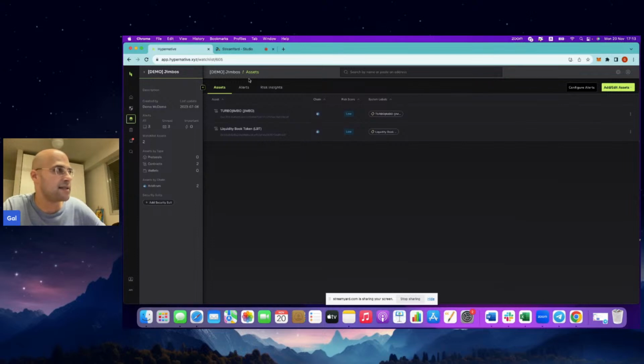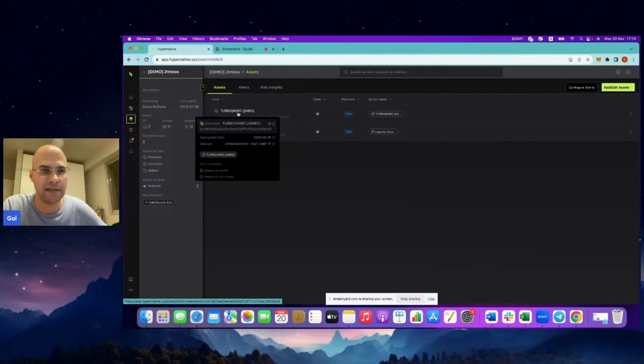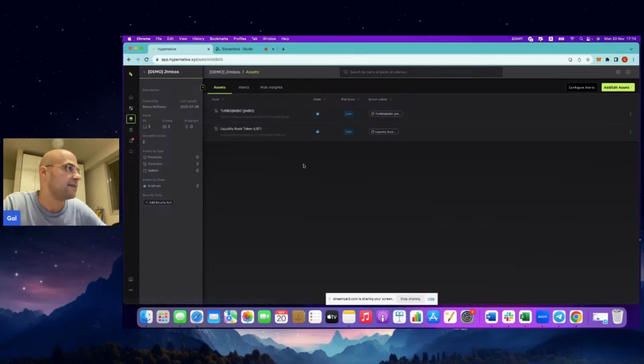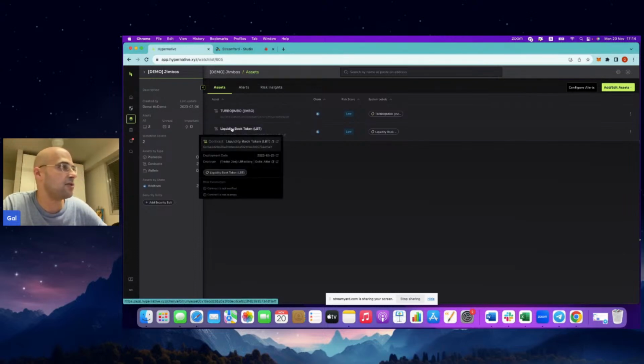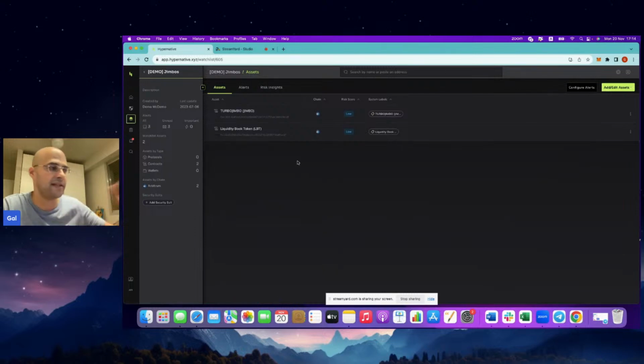And in this case, I picked an example of a protocol called Jimbos. Jimbos is a protocol on Arbitrum that got hacked for $7.5 million at the end of May. And I've added as an example the token contract and the liquidity book token contract, but I could have added all sorts of other things, like multi-sigs and other contracts of the protocol.